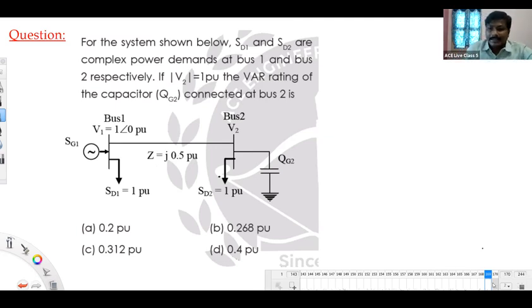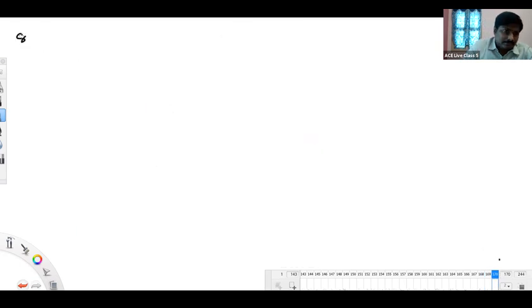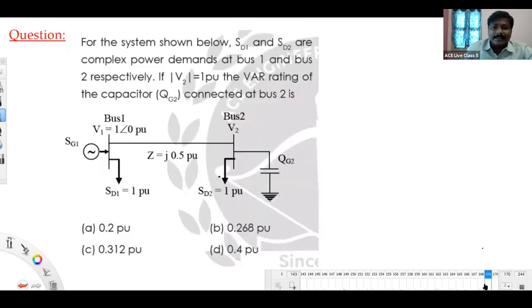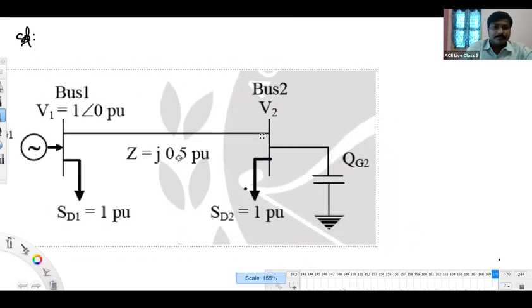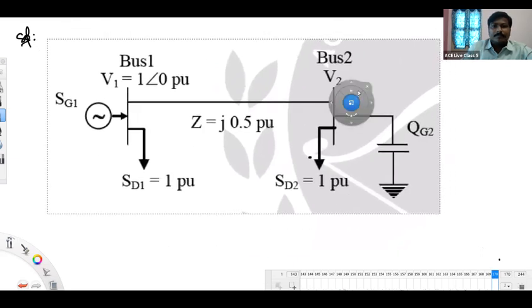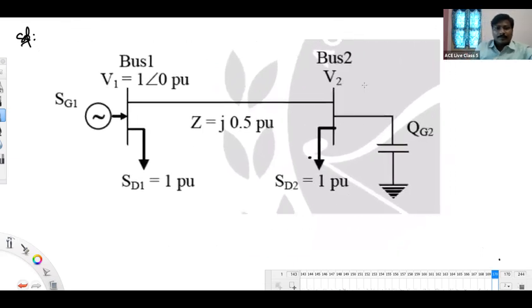Okay, let's see in the next slide, in the solution. Let's take that single line diagram first. See, we have to find this QG2. Already it is said V2 magnitude is 1 per unit.